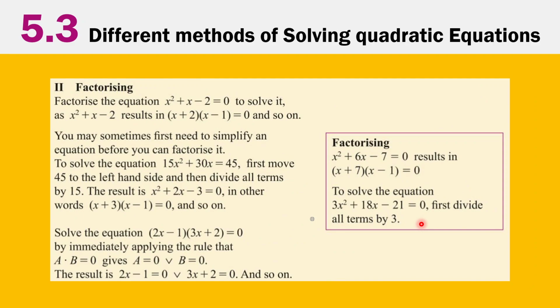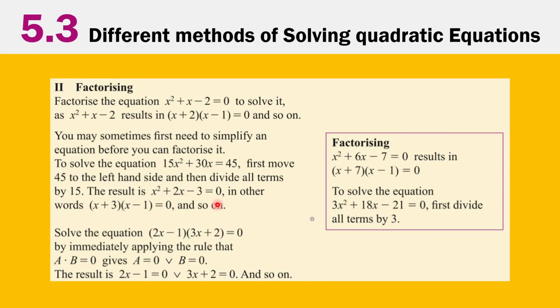The second one, and I think this is the one that we've practiced with the most, is if we factorize things, and we could do that in different ways. Most of the time we use the product sum method for this, right?